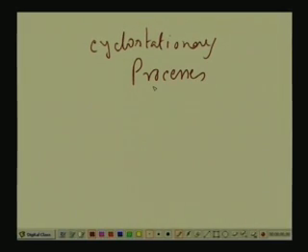Actually, these processes are such that their statistics vary periodically over a constant time period.